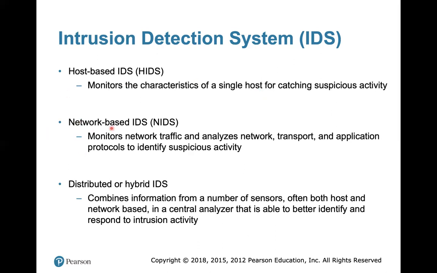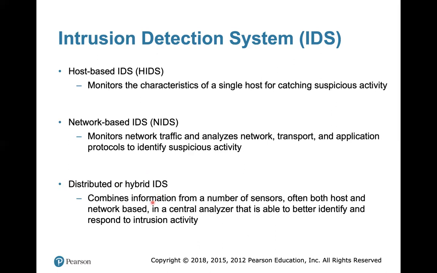The second type is the network-based intrusion detection system. They look at the network traffic and analyze the network ports, network traffic, and the information or protocols used at different layers to identify any suspicious activity. And the last one, which makes the most sense, is distributed or hybrid IDS.